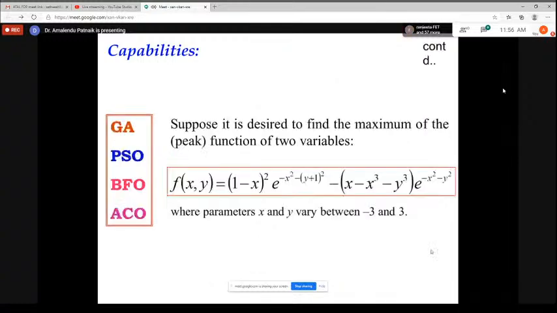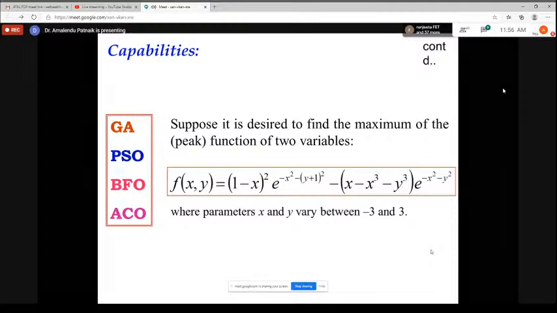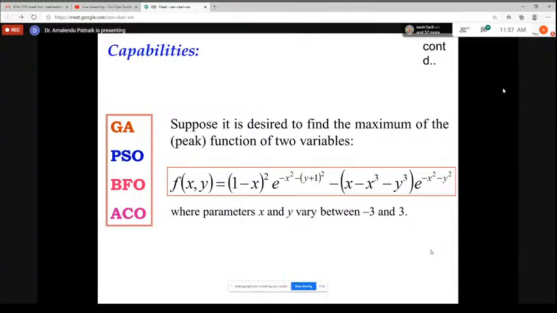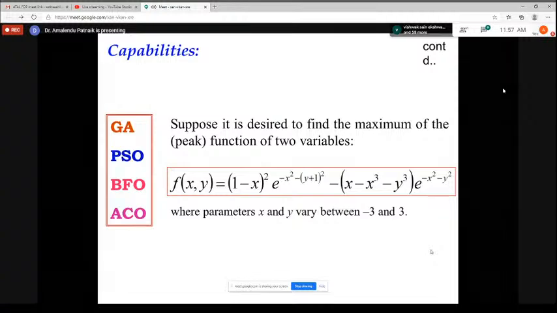All the others, like genetic algorithm, particle swarm optimization, bacteria foraging optimization, and ant colony optimization, as the name indicates, are mostly optimizers. So optimization problems can be solved using these techniques. Here is an example, the same one that we studied earlier. You have a function of two variables, and the ranges of the variables are given.